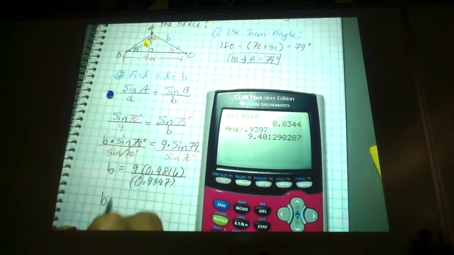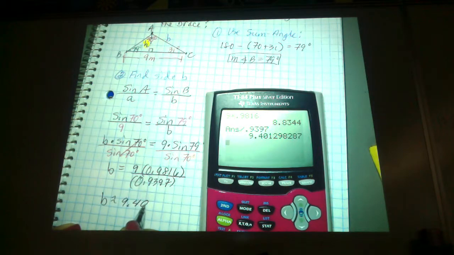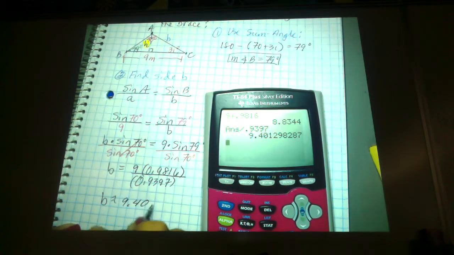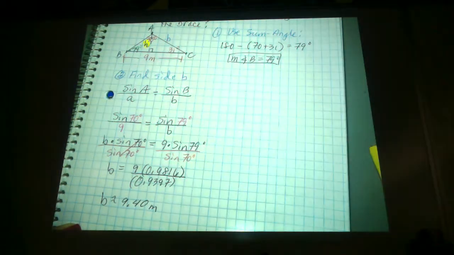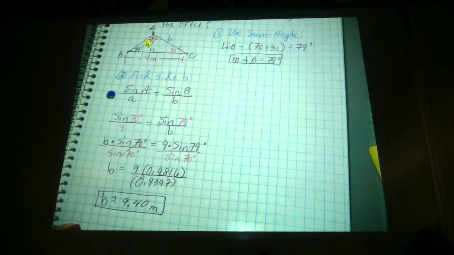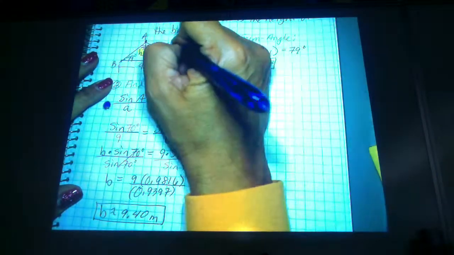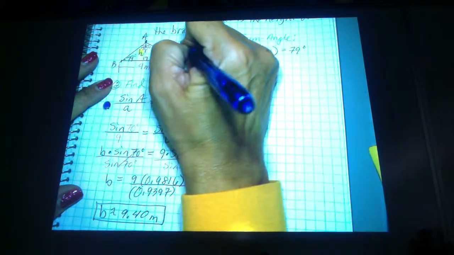So B is approximately equal to, I'm going to round it to 2 places, 9.40, and then I'm in meters. So this is part 2. So I'm going to go ahead and write that in my picture. So B is equal to 9.40 meters.